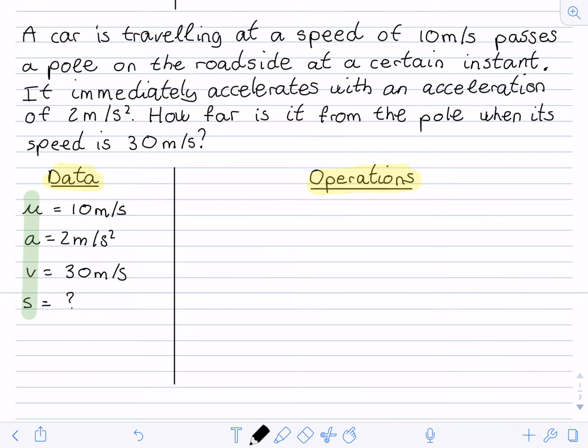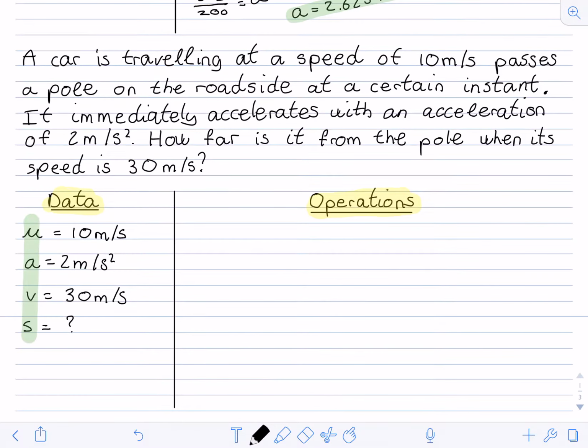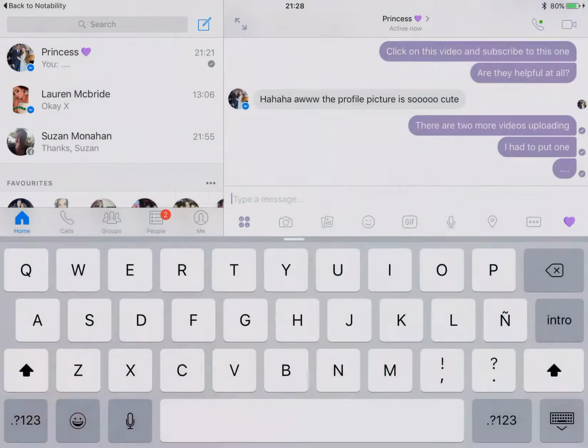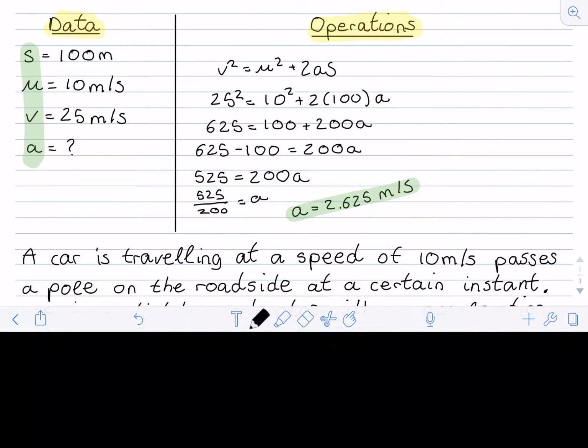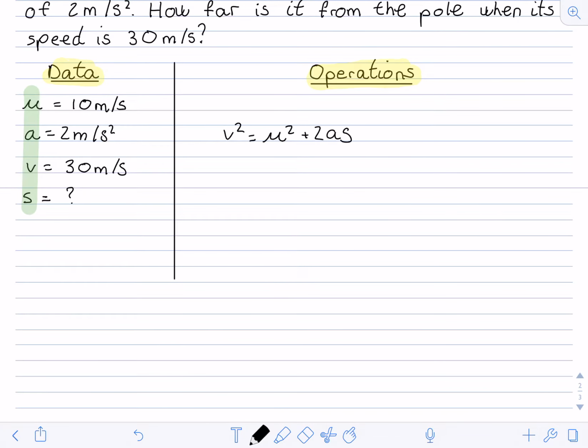So now we use the formula: v squared is equal to u squared plus 2as. We put 30 squared is equal to 10 squared plus 2 times 2 times s, because it's asking for the distance, not the acceleration.